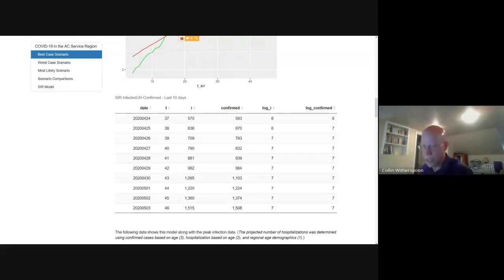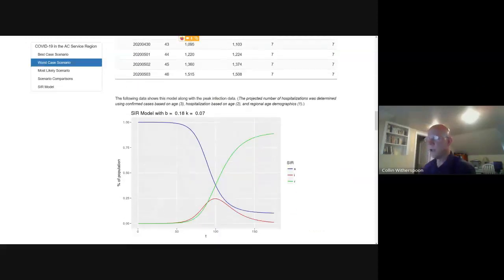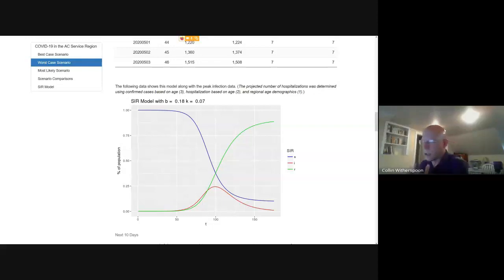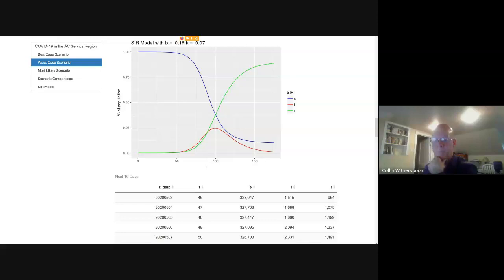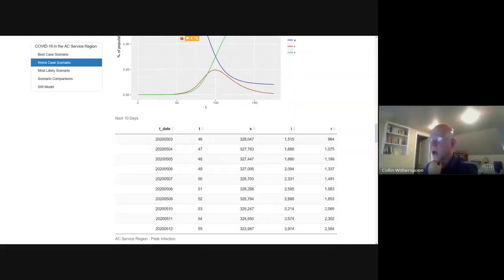Fewer tests, less knowledge. So the following data shows this model along with peak infection data. I run that model all the way out. This is what it shows for the next 10 days based on the best case scenario.